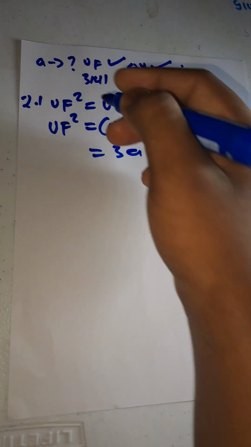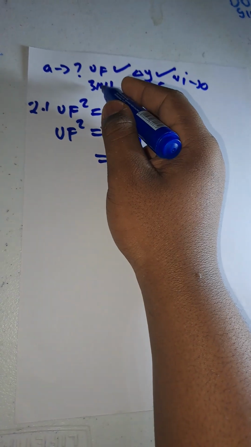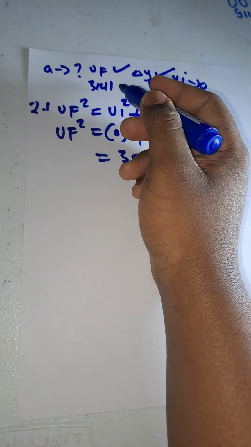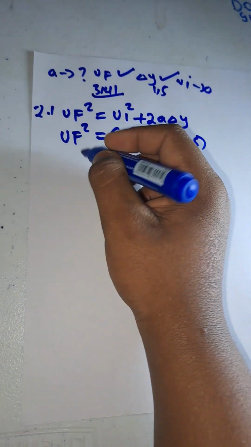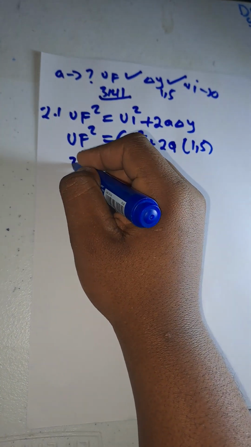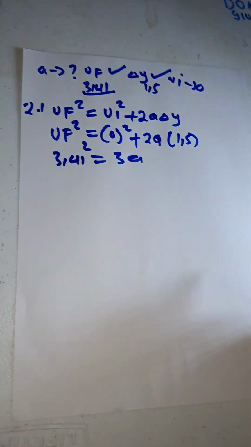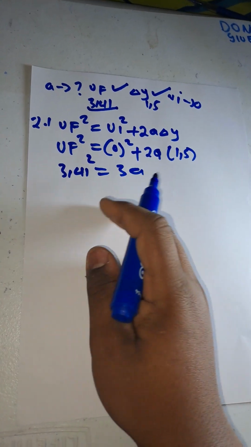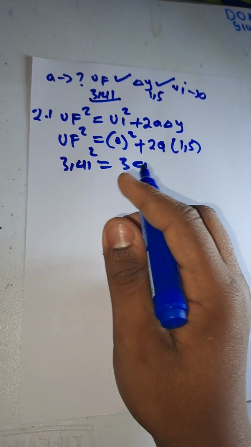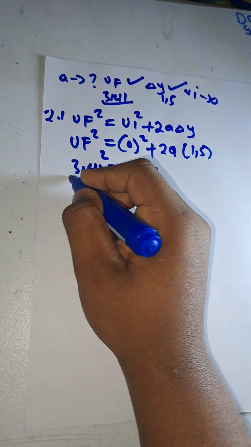Okay, I made a mistake. The final velocity was given as 3.41. I just realized that. So my final velocity squared is 3.41 squared. I made a mistake, guys. So 3.41 squared is equal to 3a. Now I can simply divide both sides by 3.